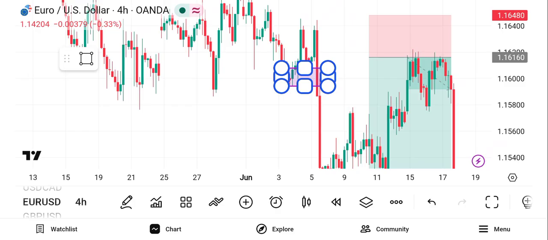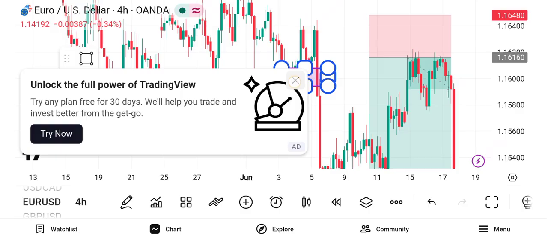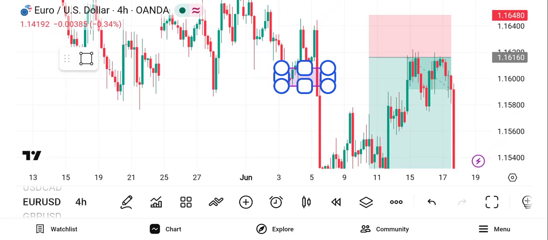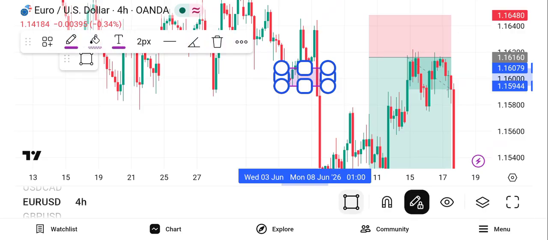Whenever you have a double break of structure or a market structure shift, just look up or down, depending on whether it is a buy or a sell. For a sell, just look up. If you see another block, just pick your entry from the other block. That is all. You don't even need to stress yourself. Just pick your entry from the other block.